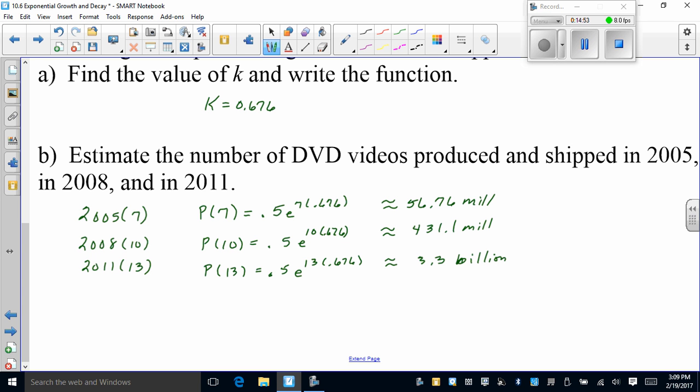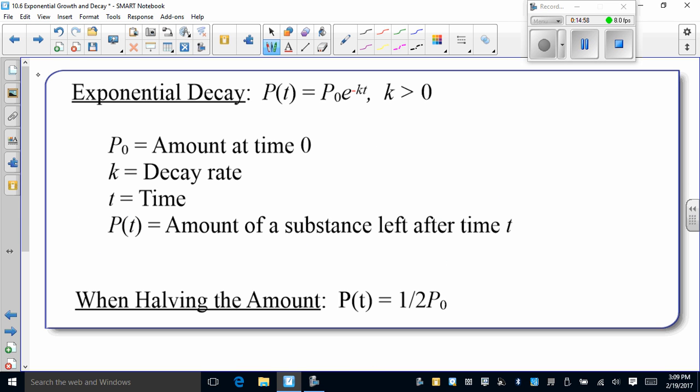Okay, so decay is same as before. Watch this one here. There's a negative on your k value now. They say as long as k is greater than 0, that's why they threw a negative k, because if k is less than 0, then your negative will go away. So it's P sub naught times e to the negative kt power.